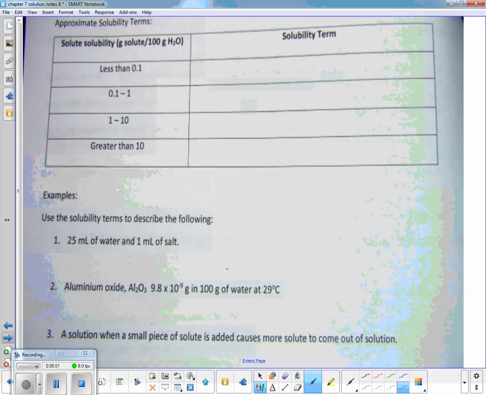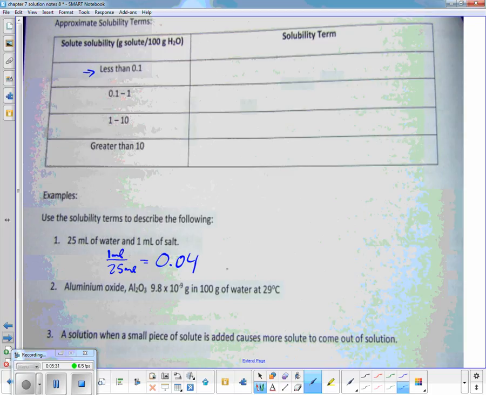From number 2, how would we figure it out? We would say 1 milliliter to 25 milliliters is 0.04. That would fit into the less than 0.1 per 100 milliliters, which would be not soluble, or insoluble.